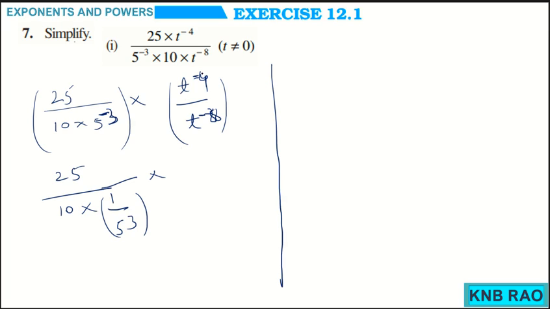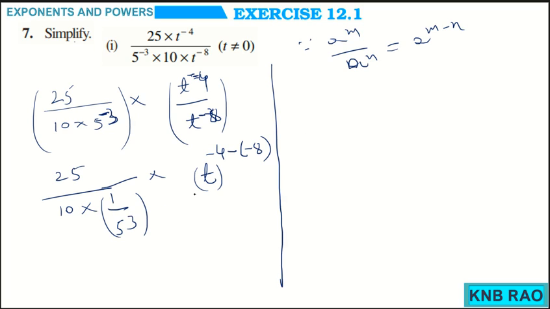Whereas here t power minus 4 by t power minus 8 can be written as t power minus 4 minus (minus 8). I am using the law a power m by a power n, which is nothing but a power m minus n. Though m and n are integers, we can apply it. So it becomes t raised to the power minus 4 minus (minus 8).